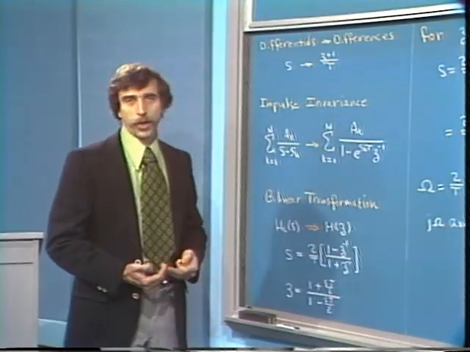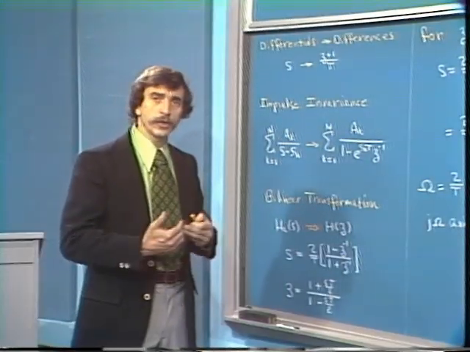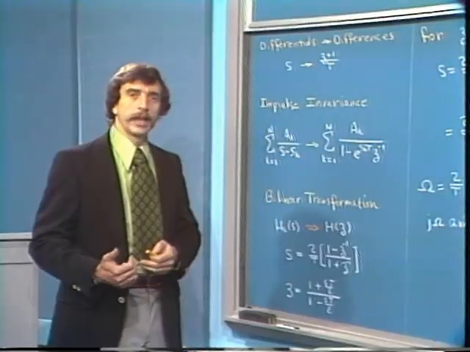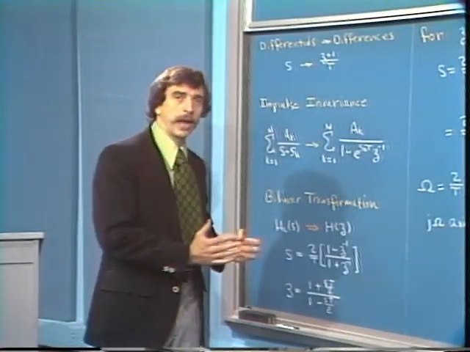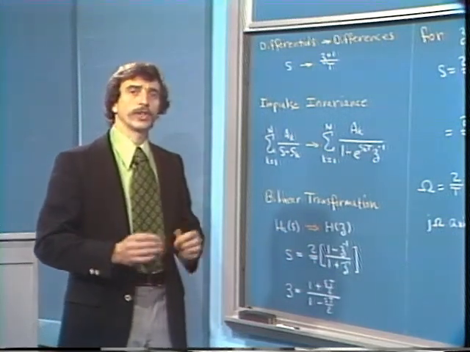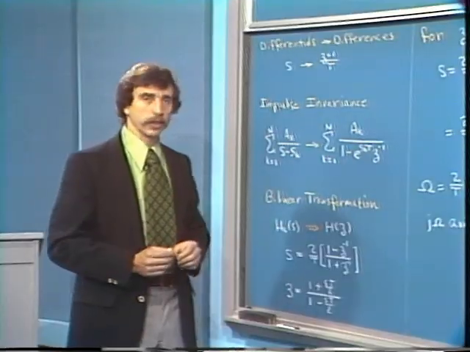The resulting equation is then a difference equation. And that difference equation will then represent a digital filter, and that digital filter, as it turns out, can be related back to the analog filter. The system functions can be related through a transformation from S to Z, which is in fact a bilinear transformation.